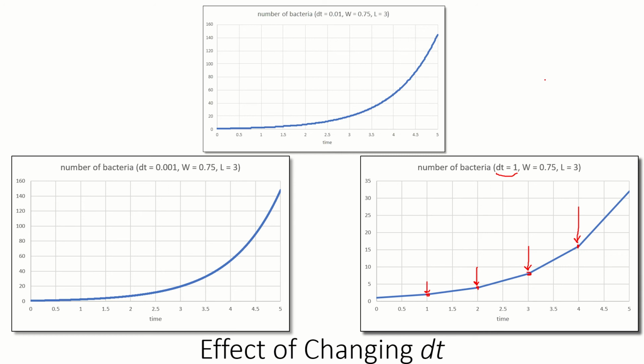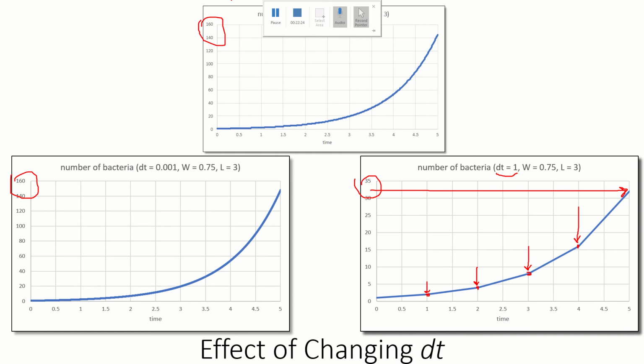That's why, after 5 seconds, I am at a much lower population count than I am for the other dts, by trying to simulate quicker.